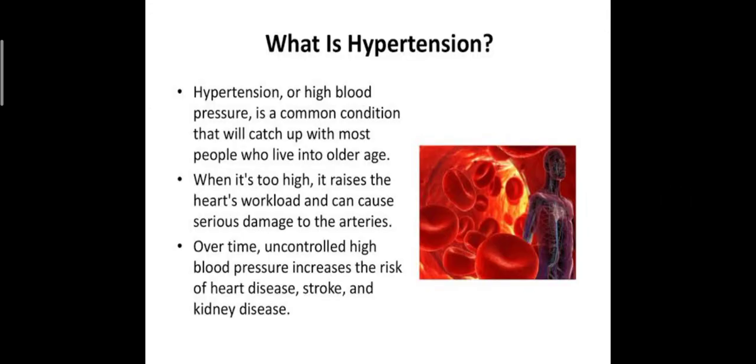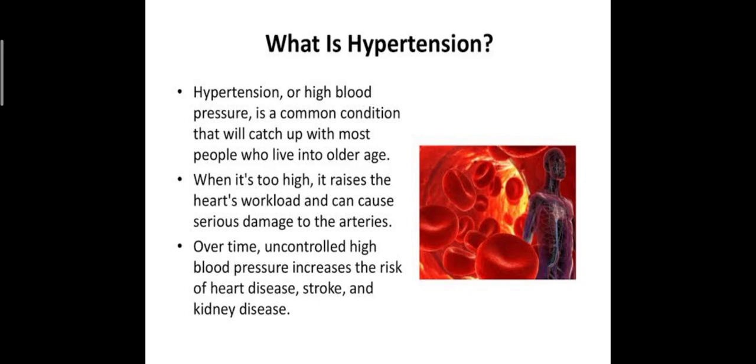Now next is hypertension or high blood pressure. Blood pressure higher than normal is known as hypertension. The normal range is 120/80 millimeter to 139/89 millimeter. It is a common condition that catches up with most people who live into older age.